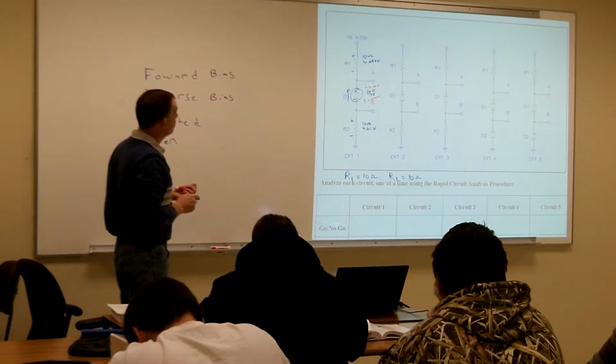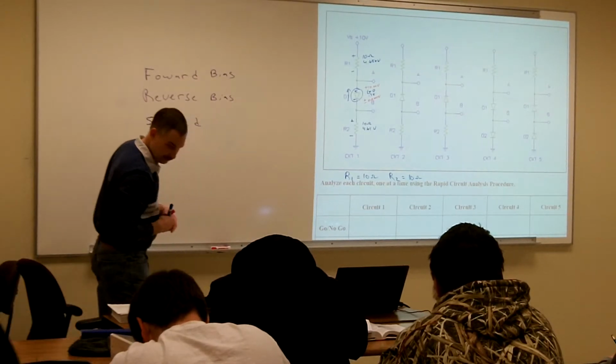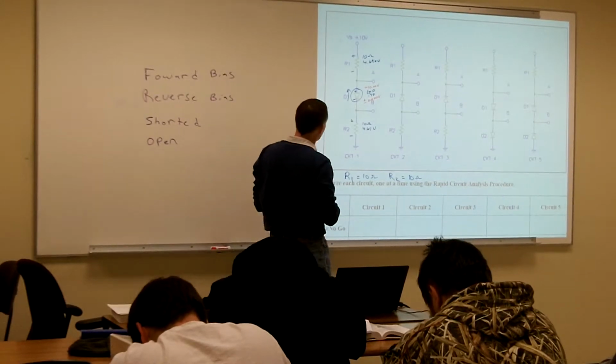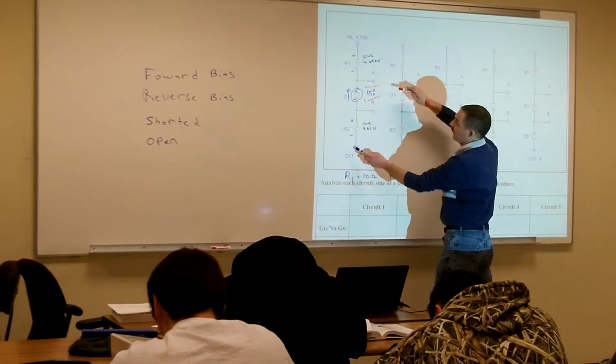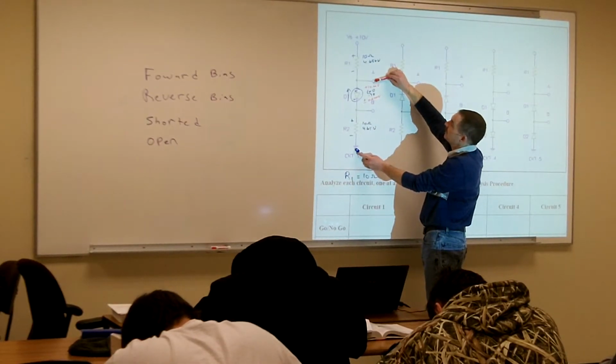Okay. Now what's my next step? We can do our test points now. We have enough information for our test points. We got all our polarities, and we have all our voltage drops. So what am I going to get for test point A?